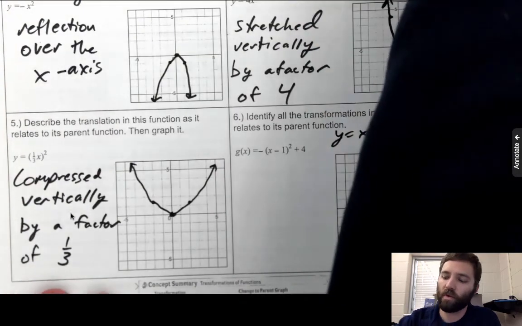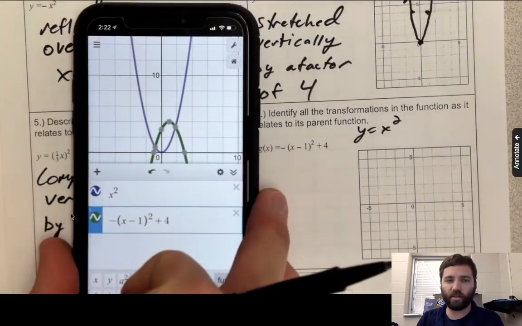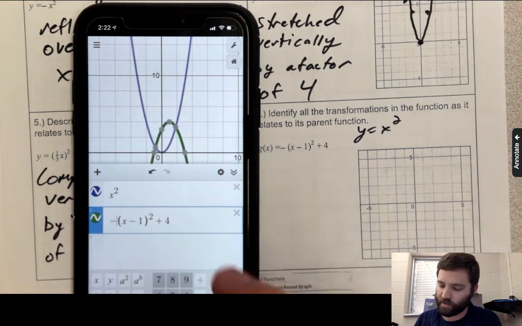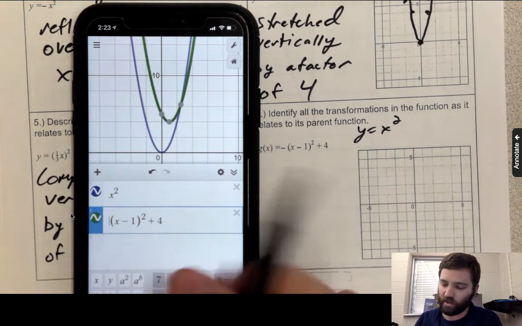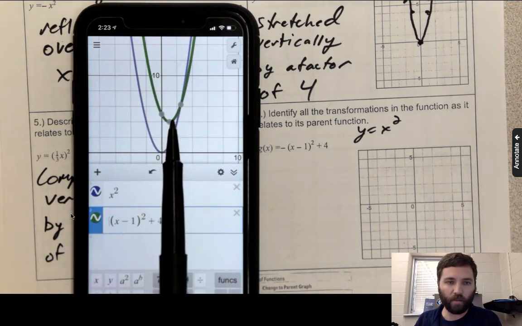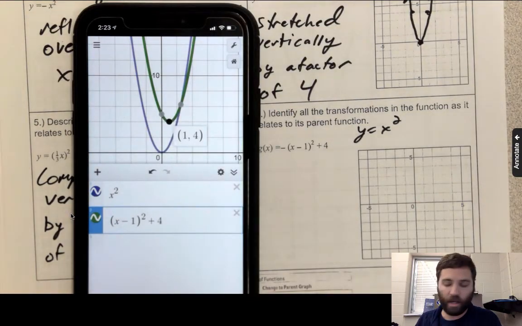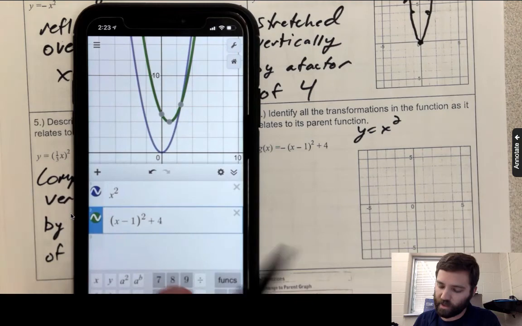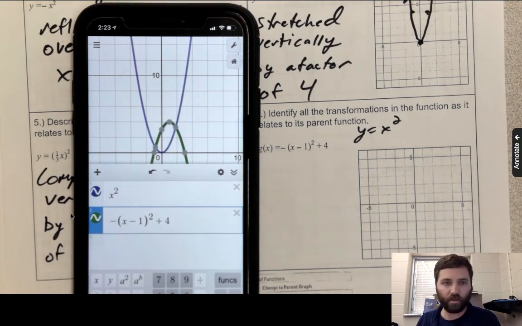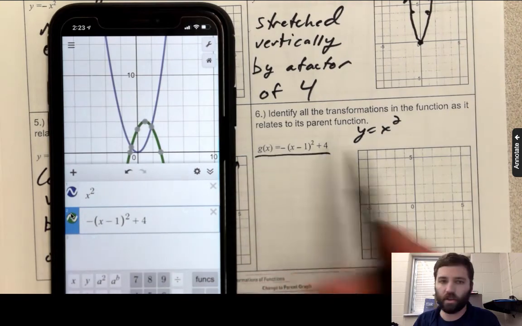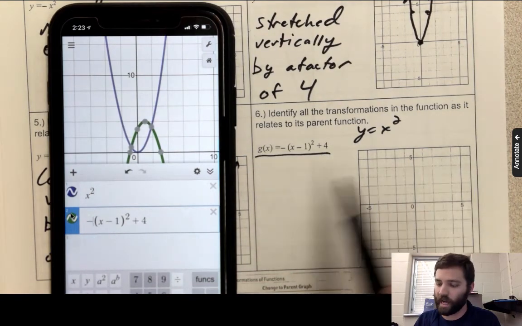Okay, so when we graph it, we see that that is in fact the case. If you imagine flipping the, well actually let's back up. So you can see here that it's been shifted right 1 and up 4. Okay, that point right there is (1, 4). And then when we put the negative in front, you can see that it's going to flip it over. Okay, so just based on looking at the function g of x here, you can predict what's going to happen to the function.